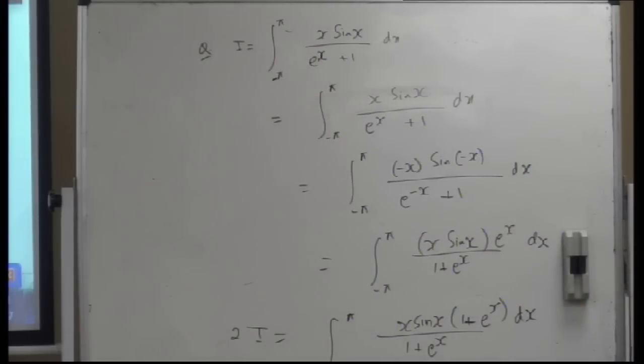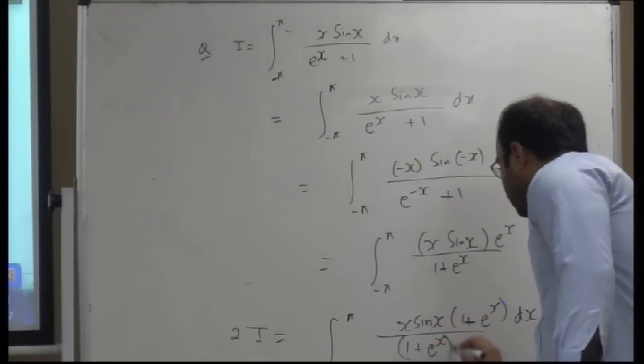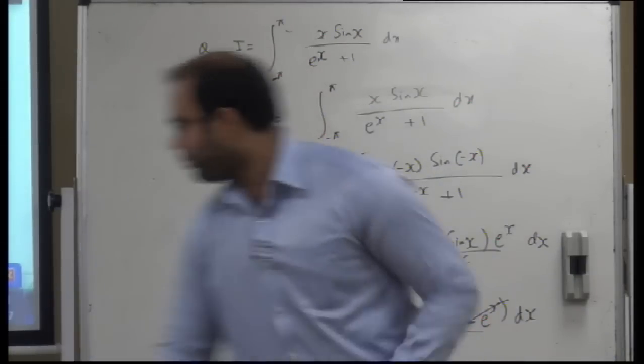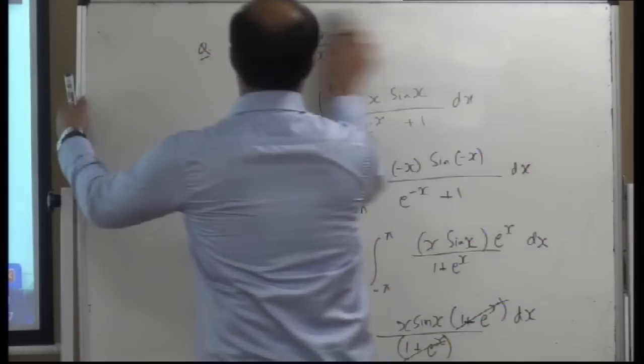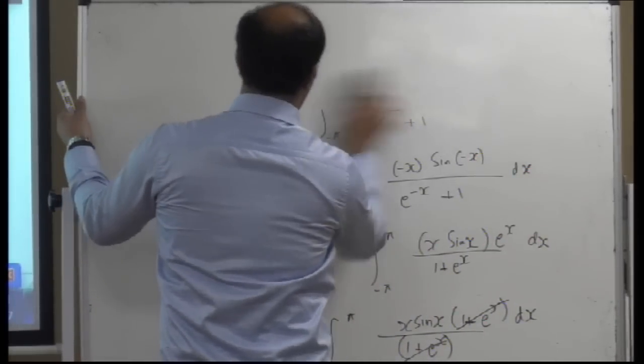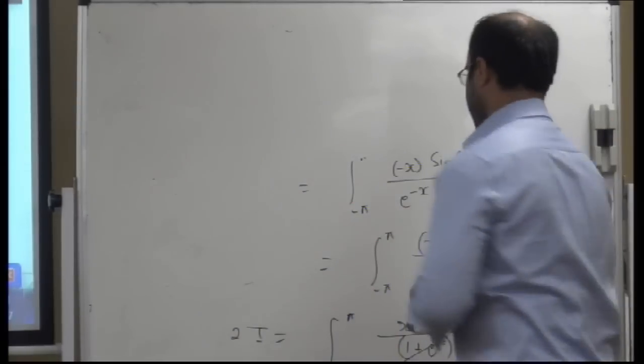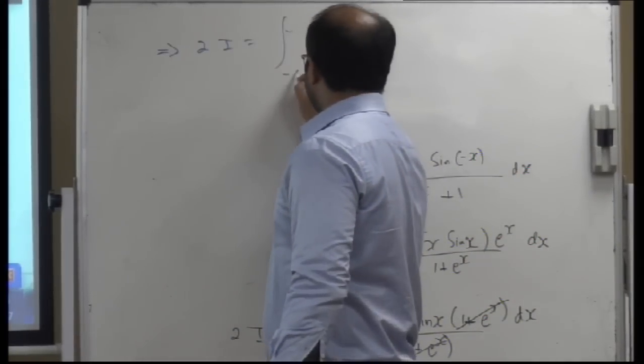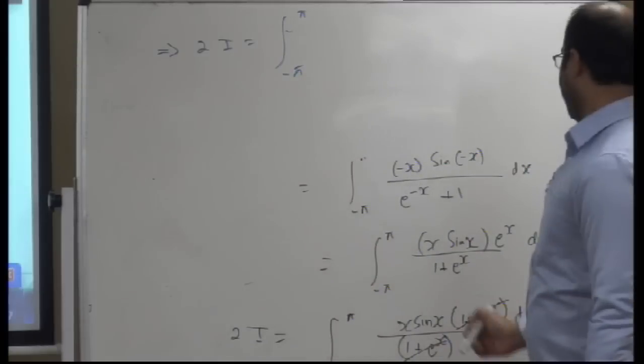Is this okay? So this will get cancelled. You will get x sin x dx from minus pi to pi. 2I equal to integral from minus pi to pi of x sin x dx.